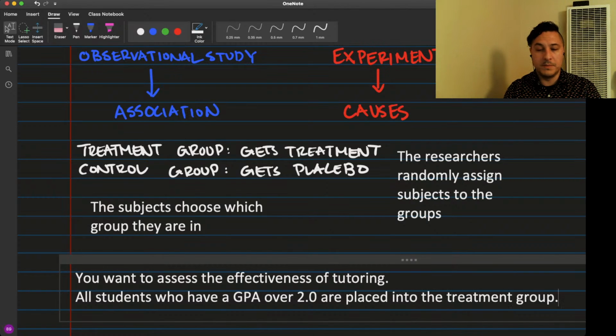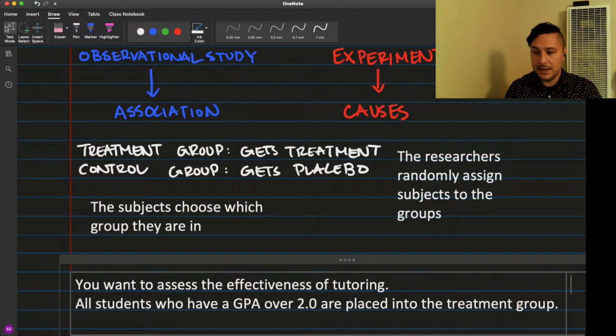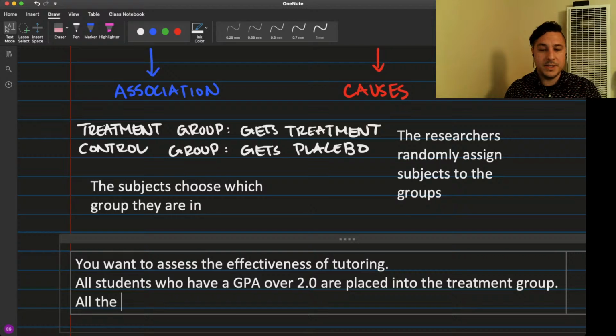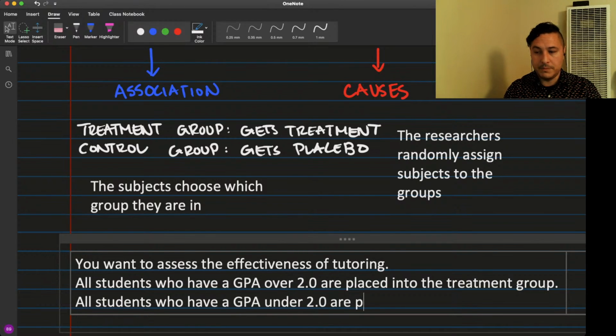Okay, what's the treatment going to be? That means that they get tutoring. All the students who have a GPA under 2.0 are placed into the control group. They don't get anything.